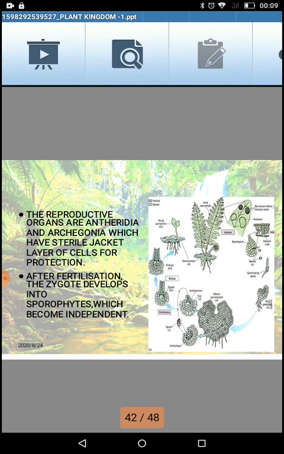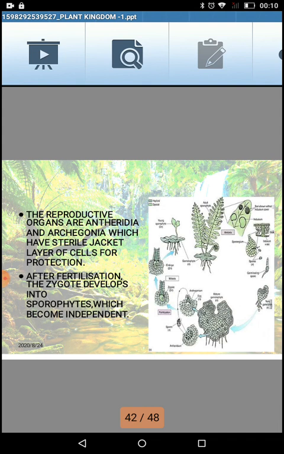The sperm will come from the antheridium, and it will go and fertilize the archegonium, resulting in zygote formation. Now we say gametophyte is a haploid structure, so the sperm is also haploid, and the egg cell present in the archegonium is also haploid. So once they fuse together, they will lead to the formation of zygote.